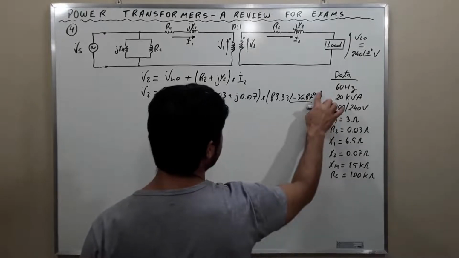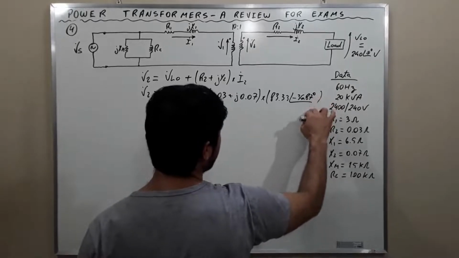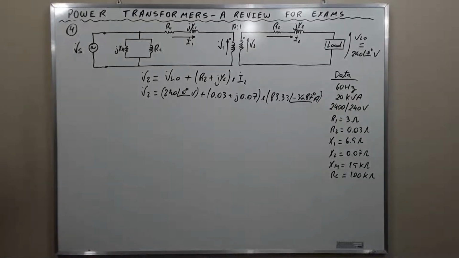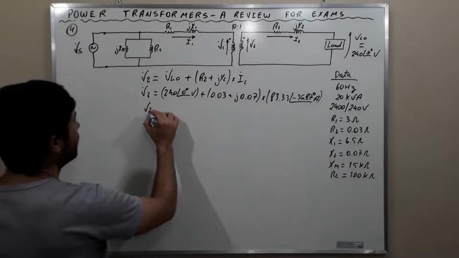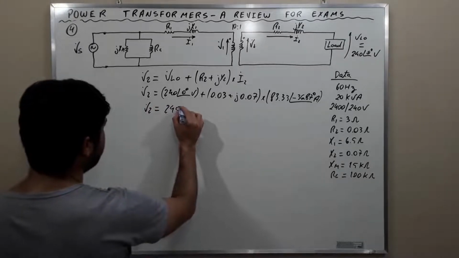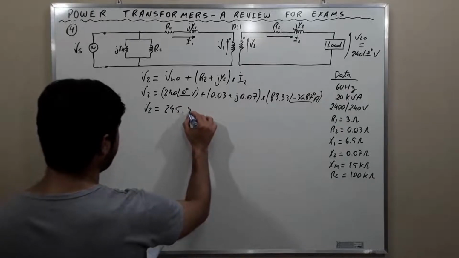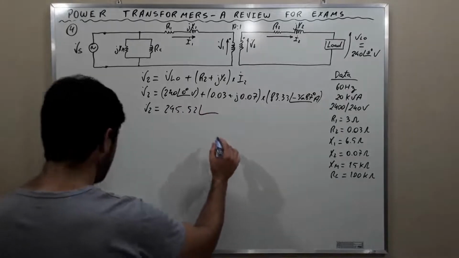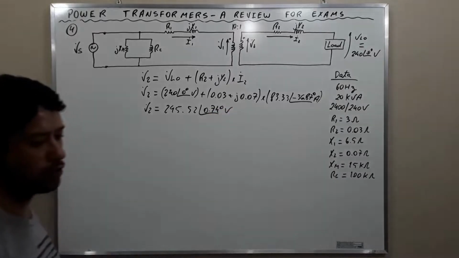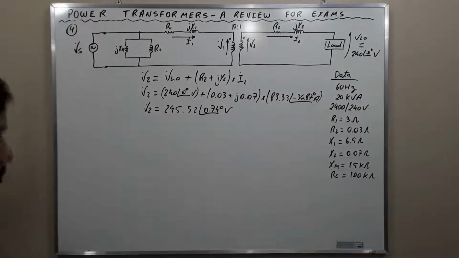The current is measured in amperes. Alright, and calculating, we find V2 equal to 245.52 phase 0.74 degrees volts. Okay, this is V2.